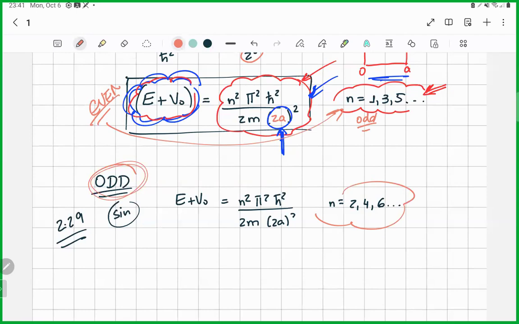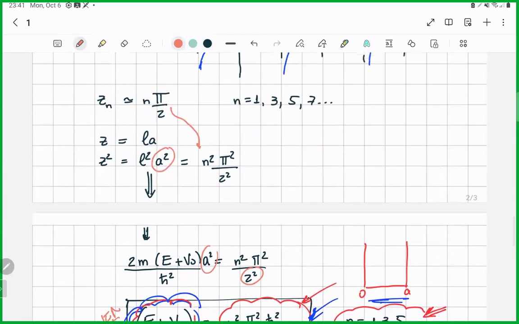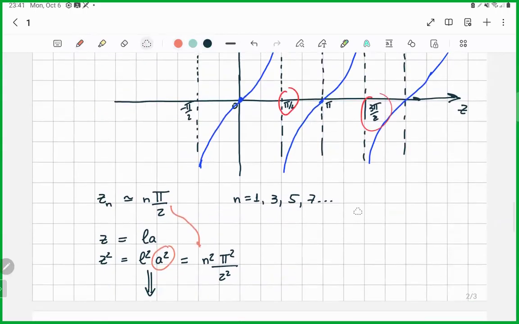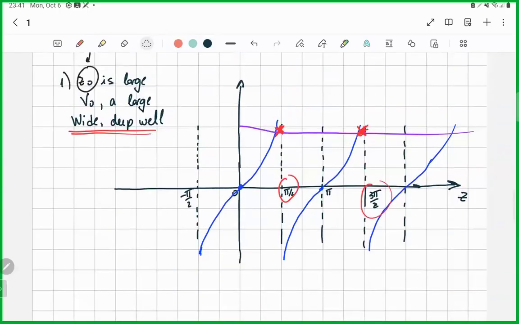All right, very good. Now let's discuss just one more case. Let's see if we can come back up here. This one more case is just going to be qualitative.